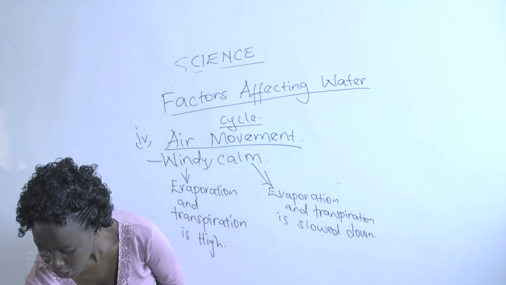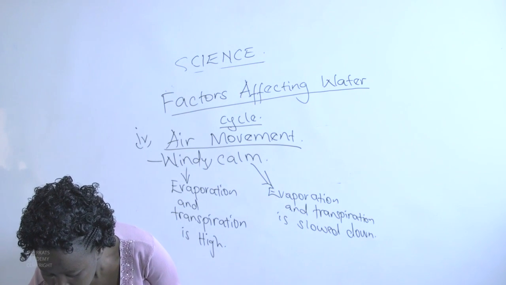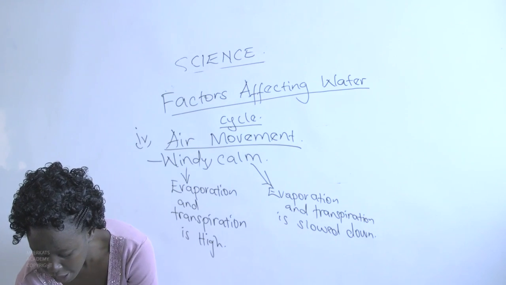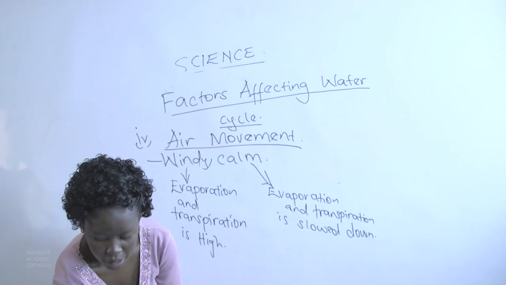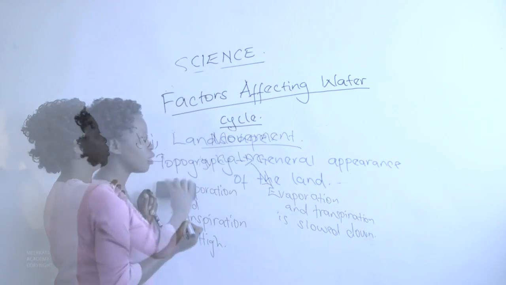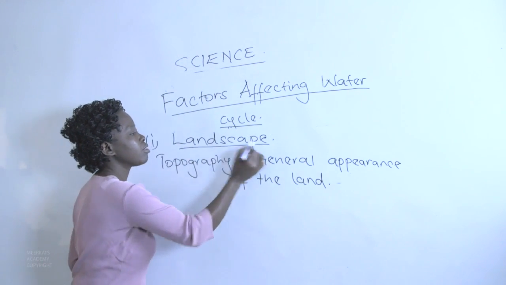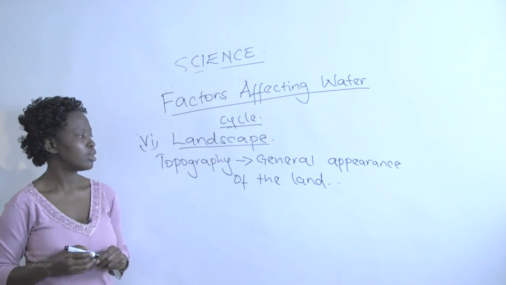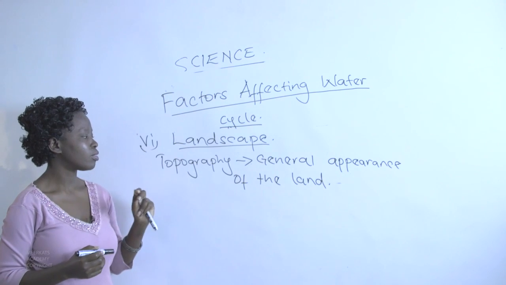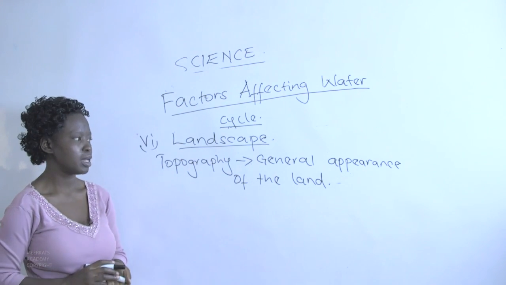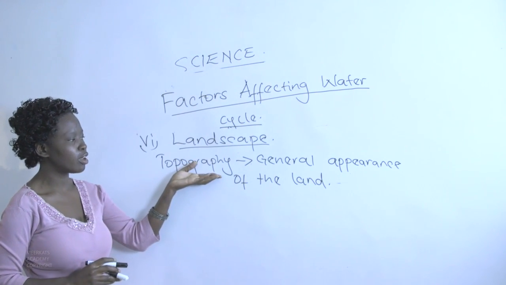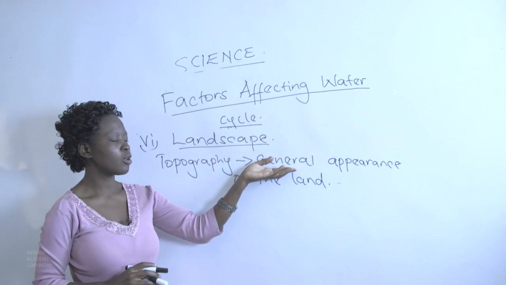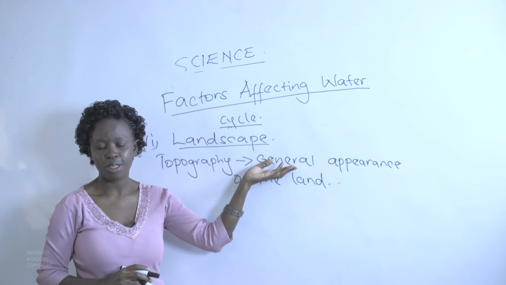The next factor that affects the water cycle is the landscape. When you're talking about the landscape, we need to know what the word topography means. Topography is the general appearance of the land.